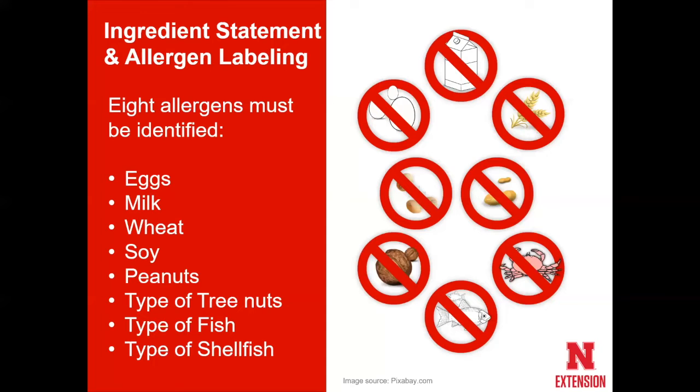You can see on the slide, the allergens that must be listed on food labels are eggs, milk, wheat, soy, peanuts, tree nuts, fish, and shellfish. With the final 3, the tree nuts, fish, and shellfish, they have to list what type of nut it is, what type of fish, or what type of shellfish is included in the food product.